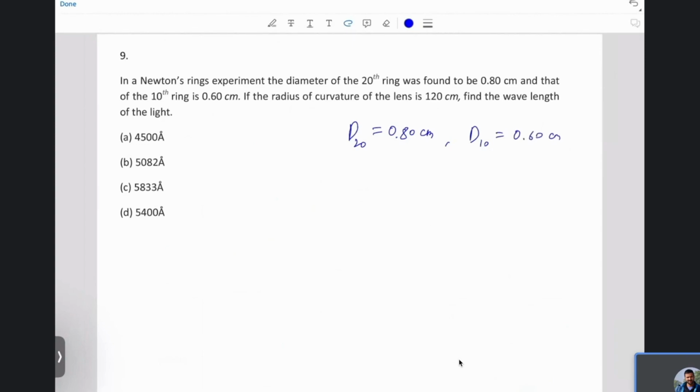Okay, and if the radius of curvature of the lens is 120 centimeter, we have to find the wavelength of the light.